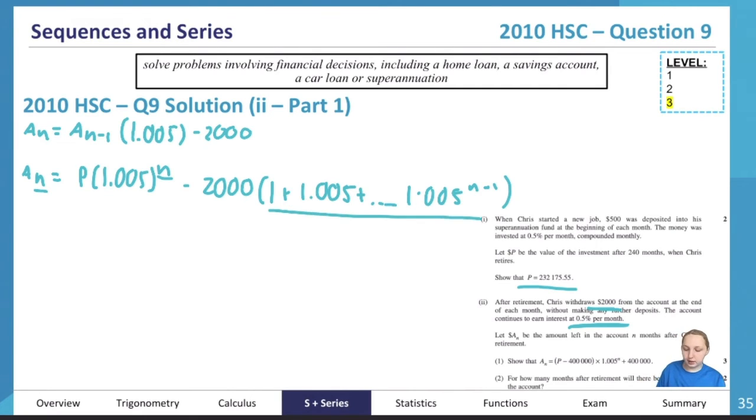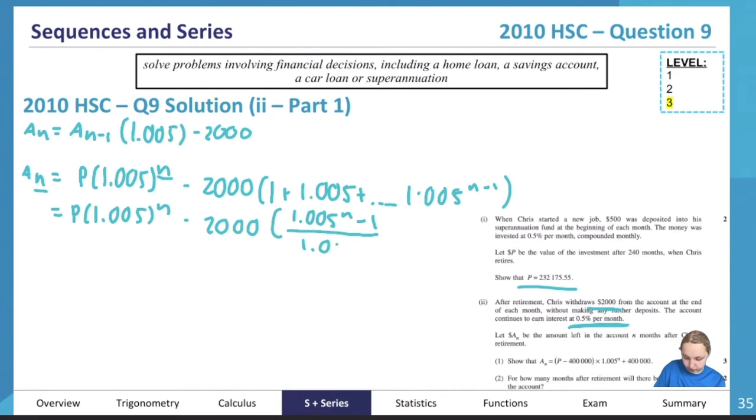Whenever you see something like this, you're going to need to make a geometric series. So we're going to get P times 1.005 to the N minus 2,000 all multiplied by (1.005 to the N minus 1) all over (1.005 minus 1).